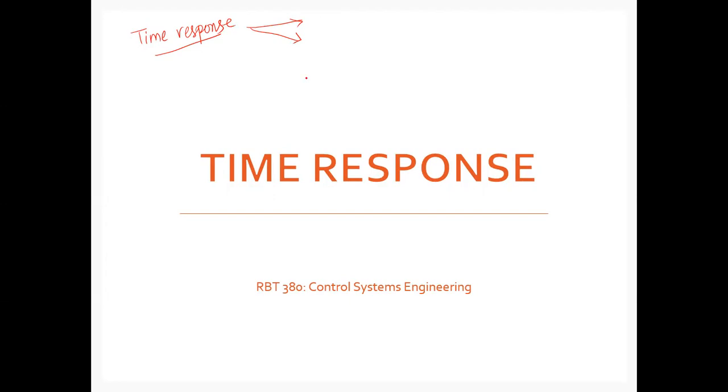If you help me here in chapter 1, steady state, and the other one is transient response. This is how you see there are two kinds of time response.